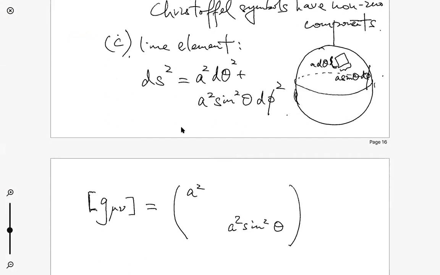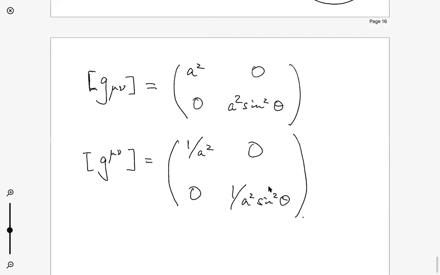Zero here and zero here. And again, for the inverse metric, we have done this before, very similar. But just to save time, I would just write the answer here. It's just an inverse of the metric, so that the matrix multiplication would give the identity matrix.